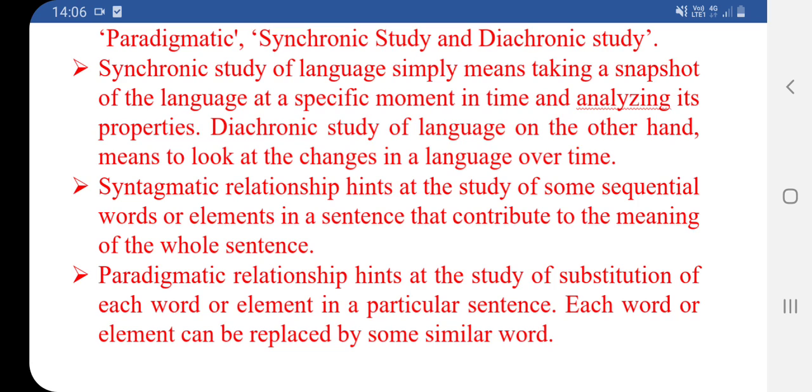In this sentence the word will can be replaced by similar words like shall and might. So I can say I shall eat instead of I will eat. So here the study of substitution becomes the study of the paradigmatic relationship that exists between the different elements in a particular sentence.